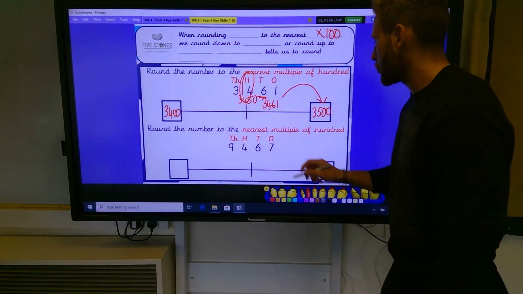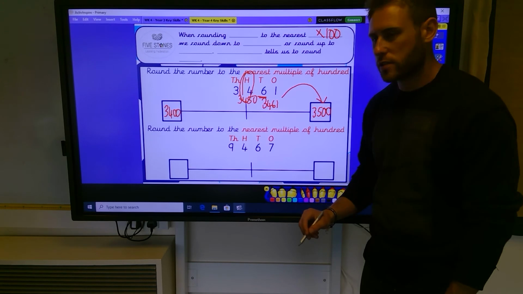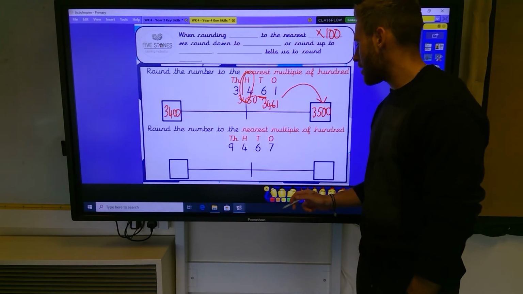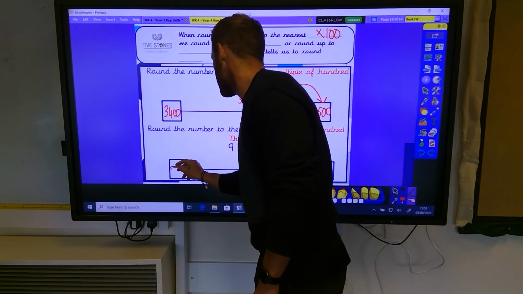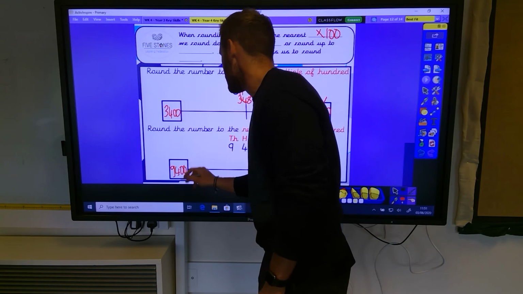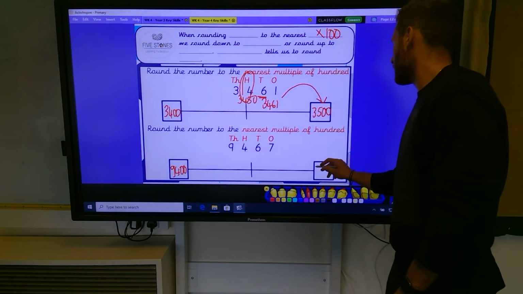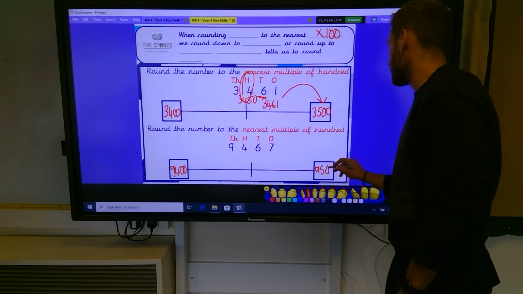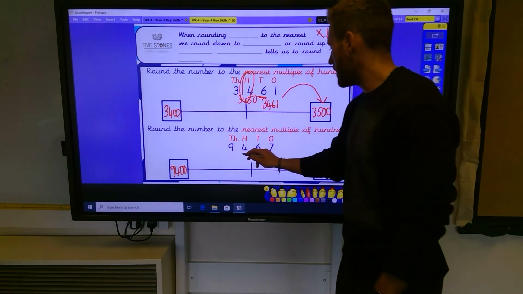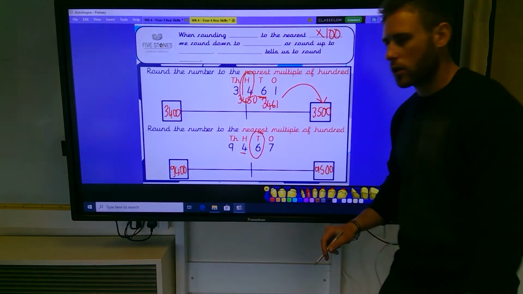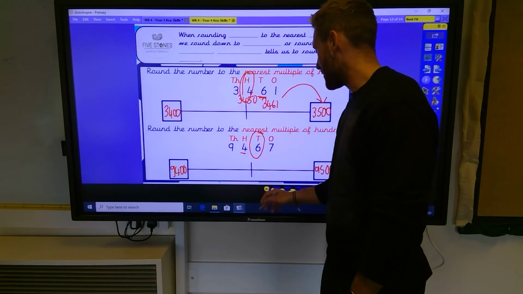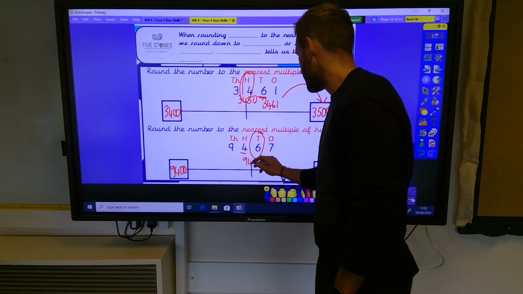Great, well done. So hopefully we've got our first multiple of 100 is 9,400. The next 100 will be 9,500. Fantastic. And then when we look in our tens column, we know this is going to be 50 in the middle, 9,450.